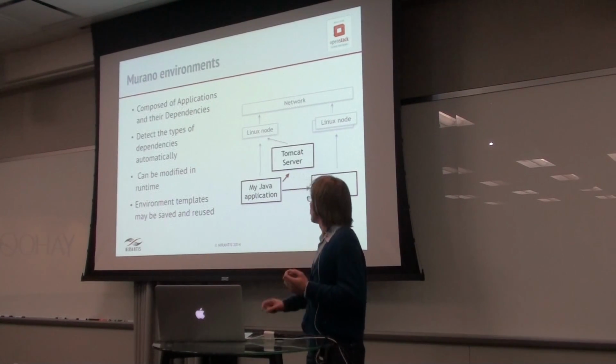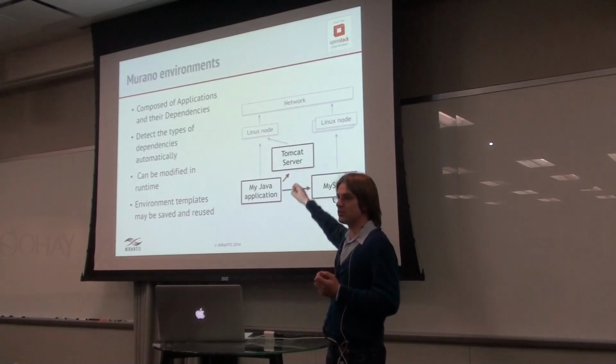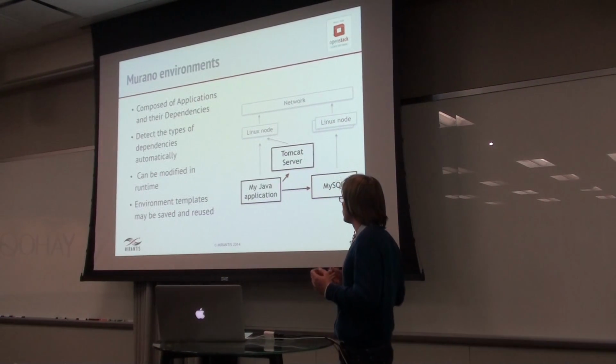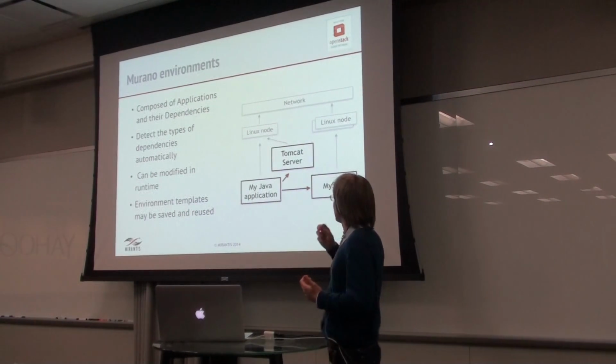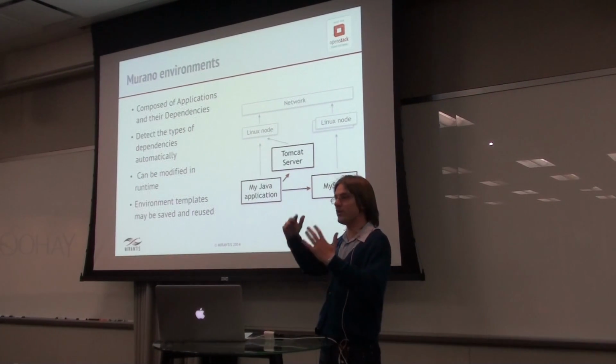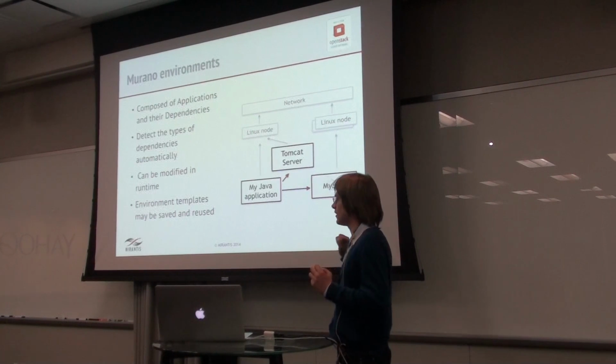We don't want the user to configure all those dependencies on his own. Murano will attempt to guess the best defaults. Murano will attempt to guess the types of the dependencies between the entities in the environment.